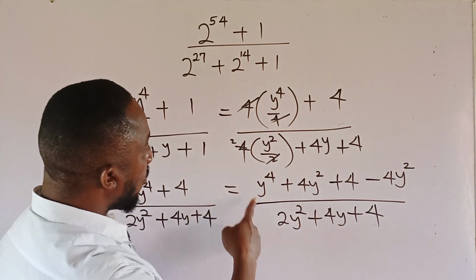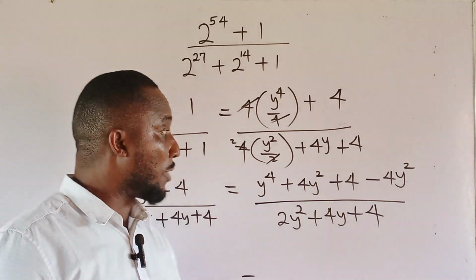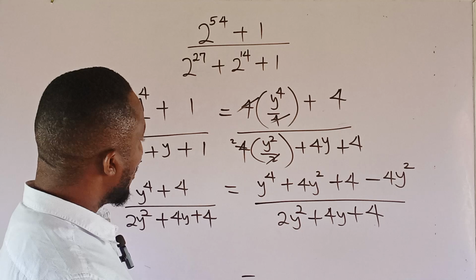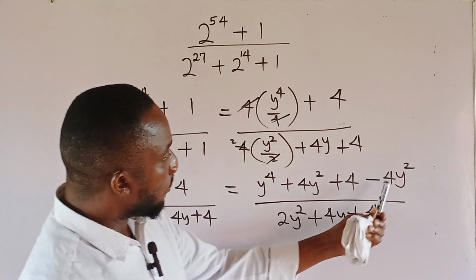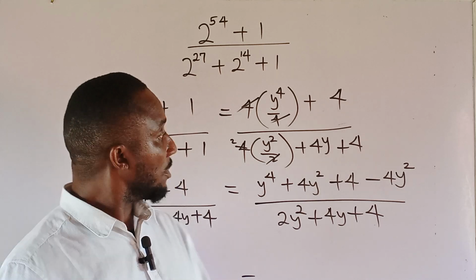So y to the fourth plus 4y squared plus 4, that's actually a perfect square trinomial. Then 4y squared is a perfect square as well, which is 2y whole squared.